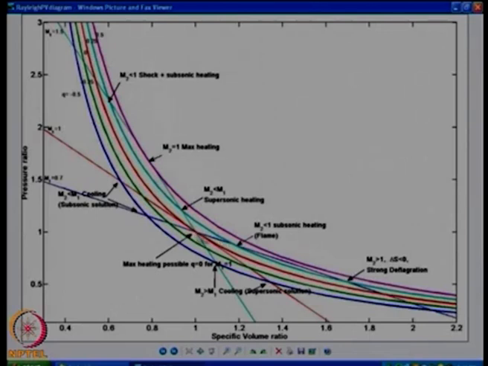P2 V2 can also be at P1 V1, that is a trivial solution, there is no change in the flow. Or I can have another solution that is sitting somewhere here, which corresponds to M2 greater than 1, while my M1 is less than 1, and it so happens that this particular case has entropy change negative, and that is not possible.